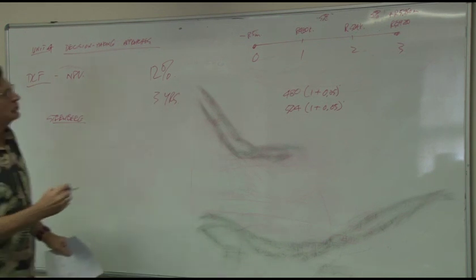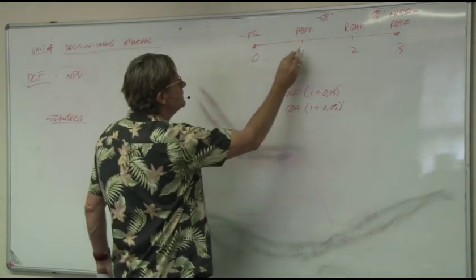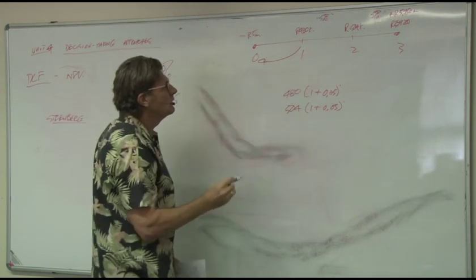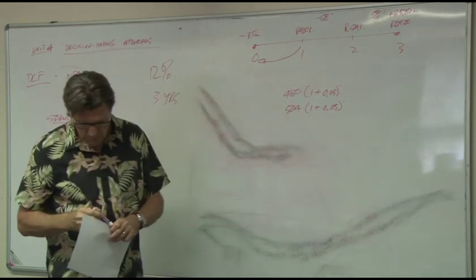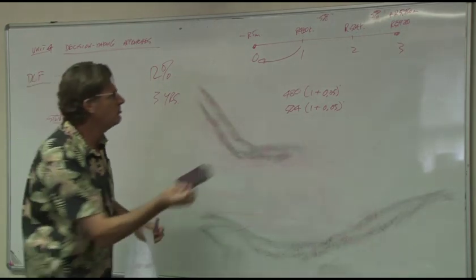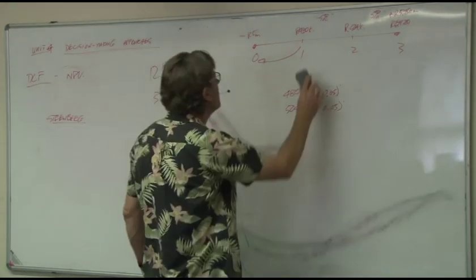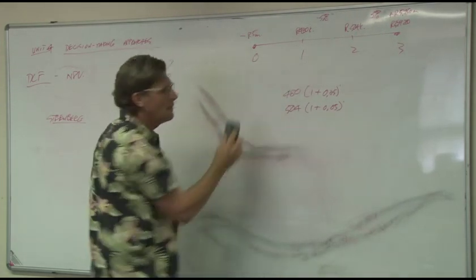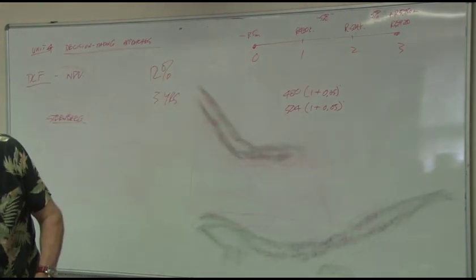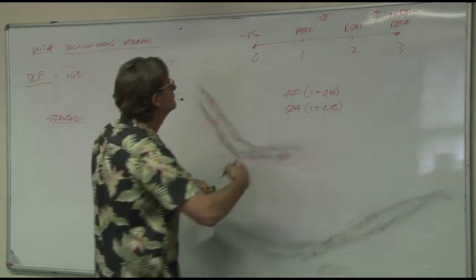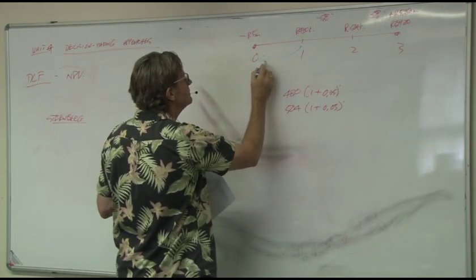So what we've got to do is discount each of these. Let's get a green one actually. We've got to discount each of these to present value.